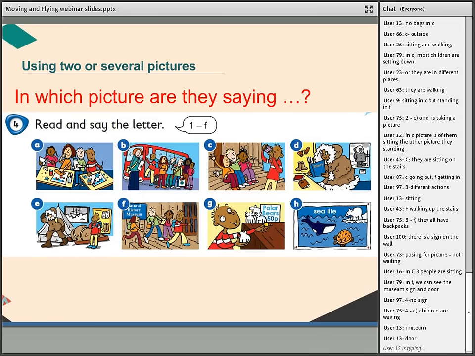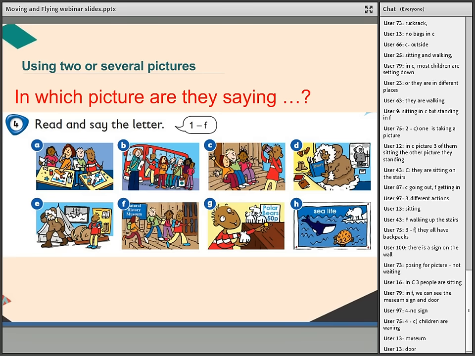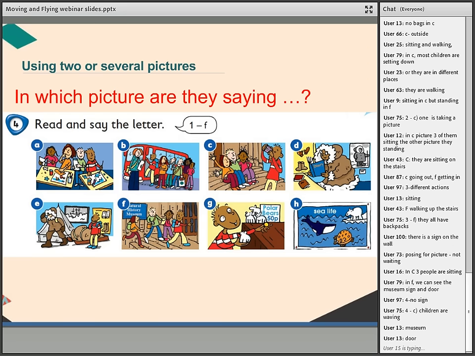Okay, another thing that I like to do a lot with pictures is to give students useful expressions or questions or speech and ask them to match them to pictures. Okay, so I'm going to show you 3 speech bubbles, and I'd like you to say in which picture you could put the bubbles.